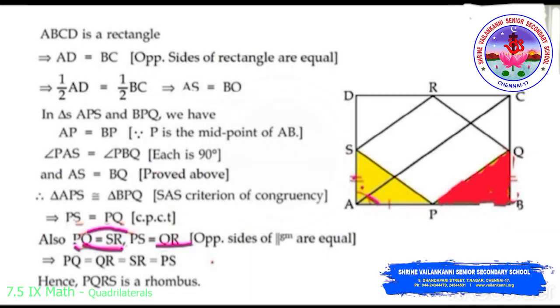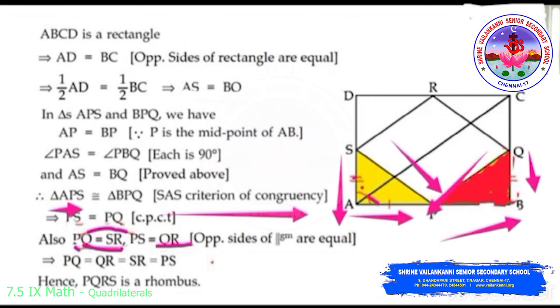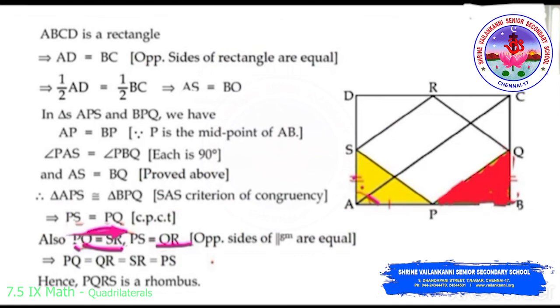Third one, already we got AS equal to BQ in the previous step. Two sides and the included angle of triangle APS and triangle BPQ are equal to each other. By SAS criterion of congruence, triangle APS is congruent to triangle BPQ. So by CPCT, I got PS is equal to PQ.